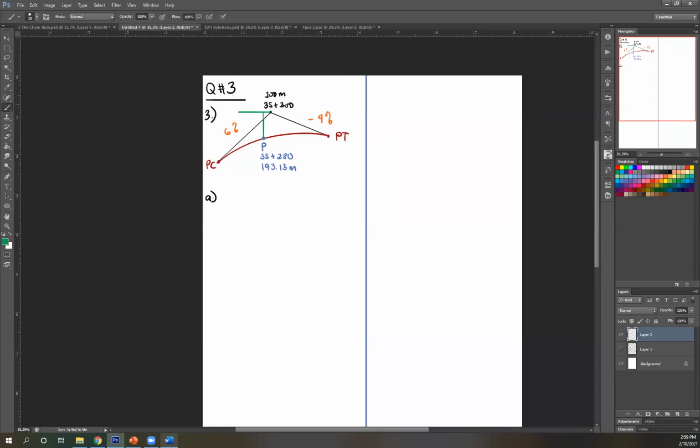Okay, so usually again when we get L, to solve for L, we're using offset. Okay. Y1.